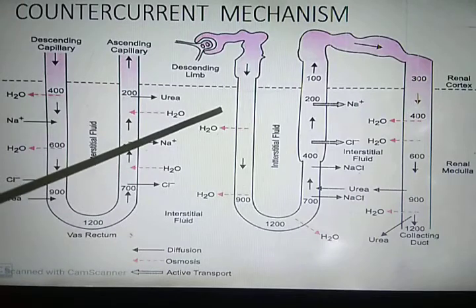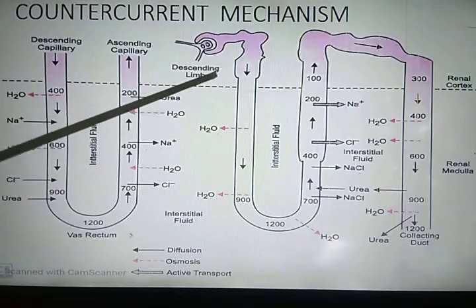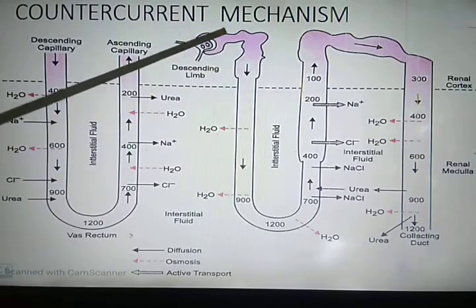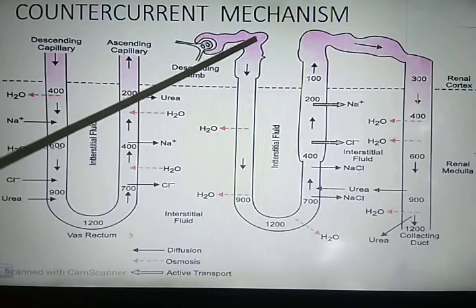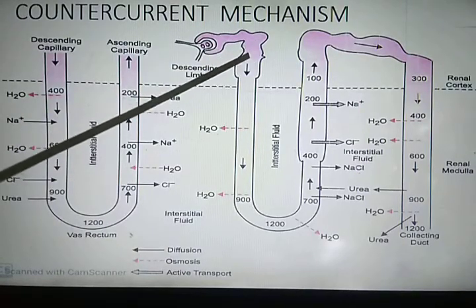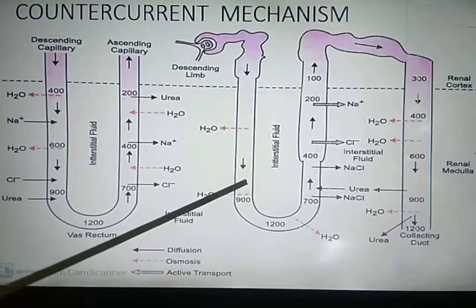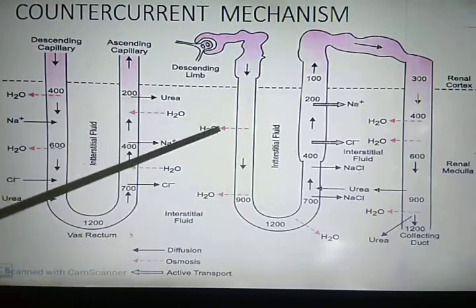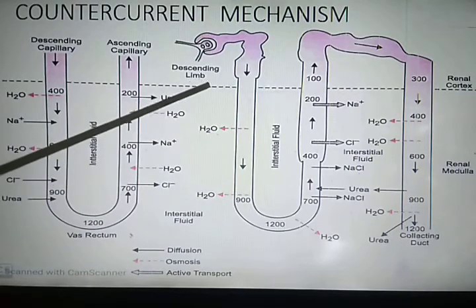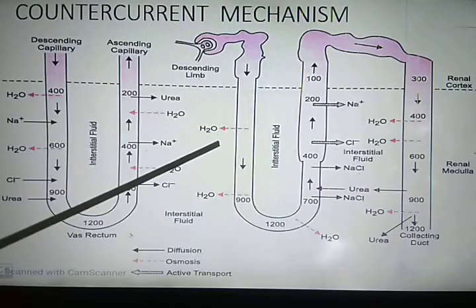First of all, the descending limb: in this, the flow of filtrate takes place from the renal cortex towards the renal medulla region. We have studied earlier that kidney is divided into two zones, cortex zone and medullary zone.